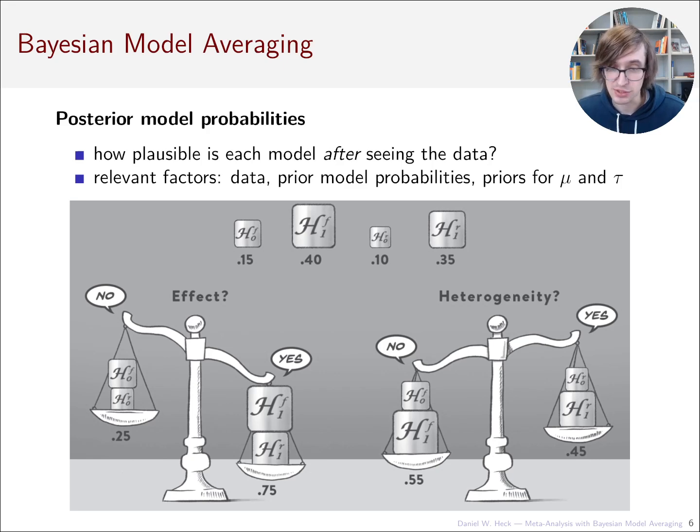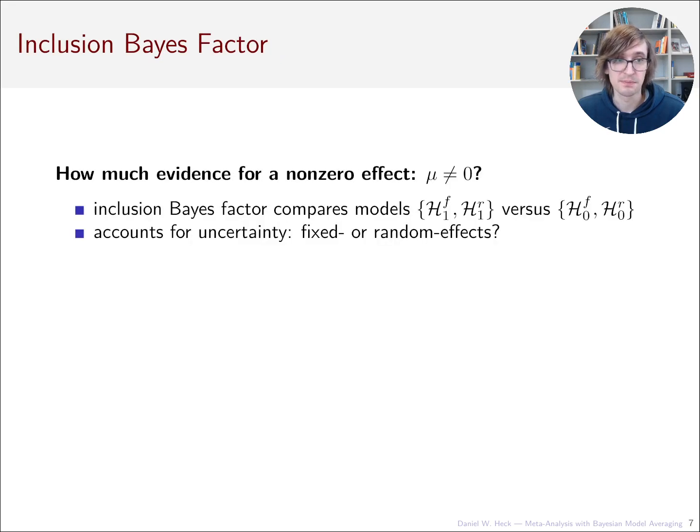They have larger posterior probabilities, as indicated by probabilities of 40% and 35%. If you now ask, is there an effect, then their combined probability is 75% compared to only 25% for the null models. This indicates some evidence that there might be an effect, while you consider uncertainty whether effects vary across studies. And the same can be done on the right-hand side for heterogeneity.